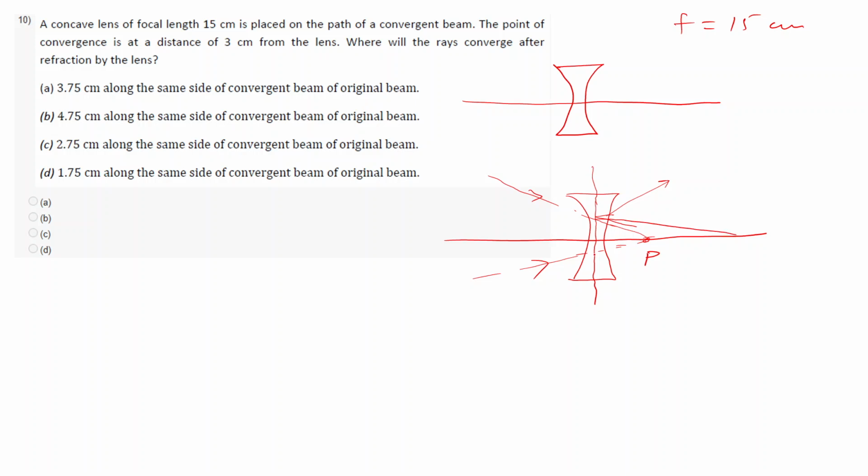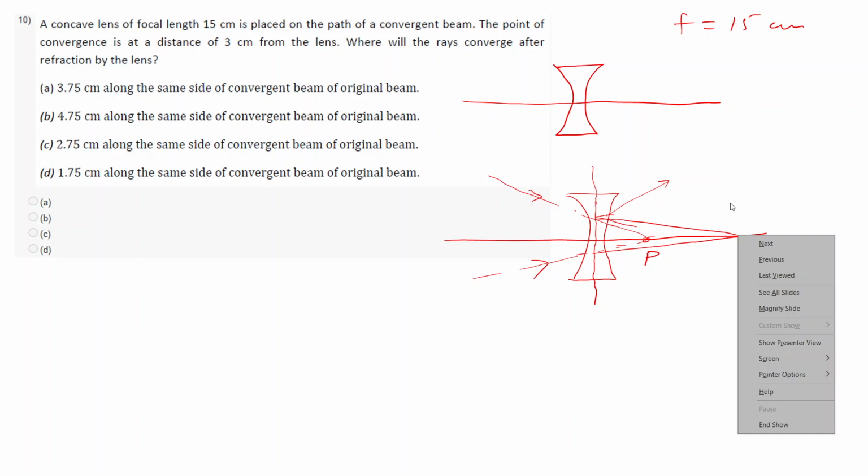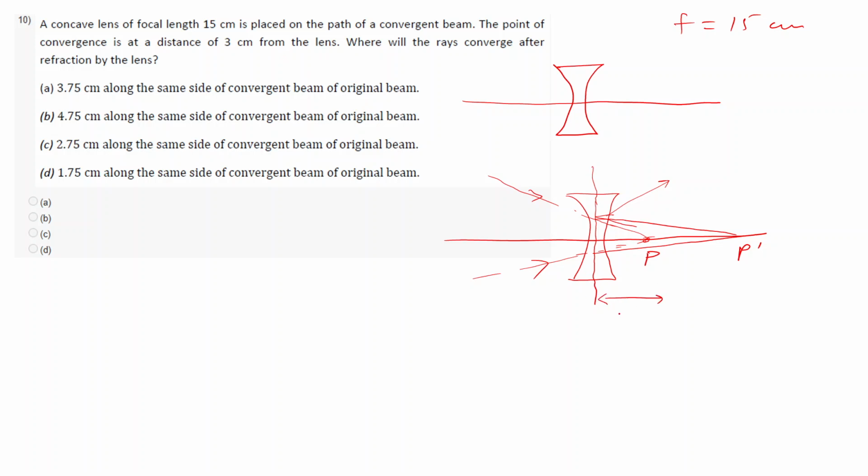From this side also they will diverge slightly and thus they will again meet, but now they will meet at a little more distance. Let's call this P prime. So the point of convergence is at a distance of 3 centimeter from the lens.